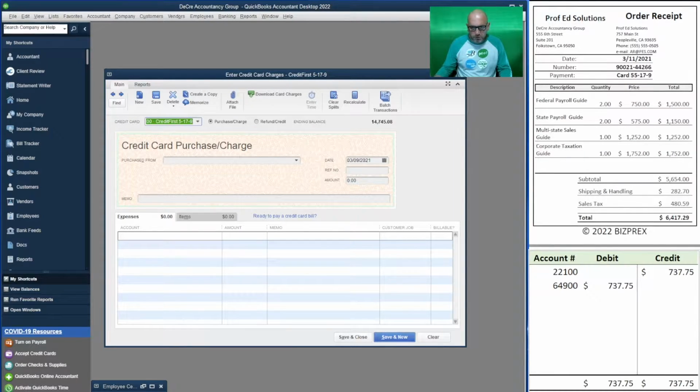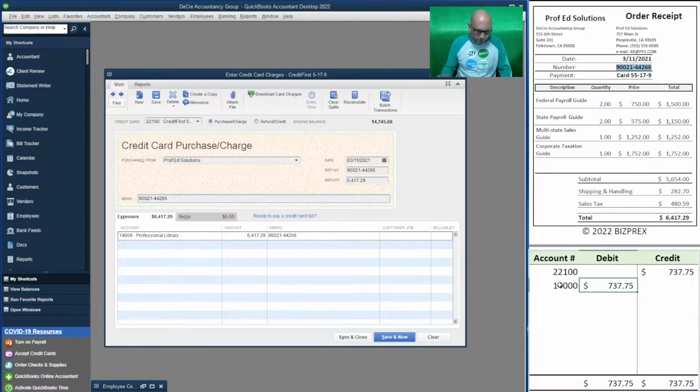We bought some professional library items, some guides. Okay, professional library. There it is. Again, what's happening? Liability goes up.